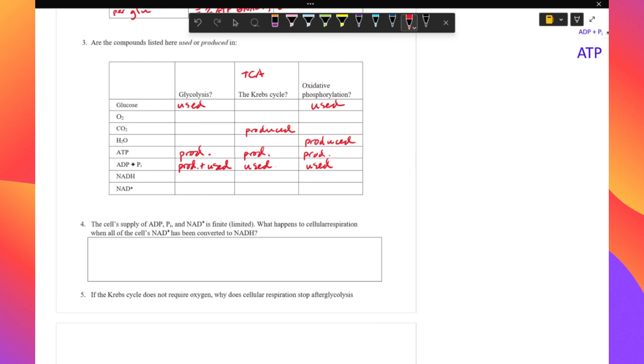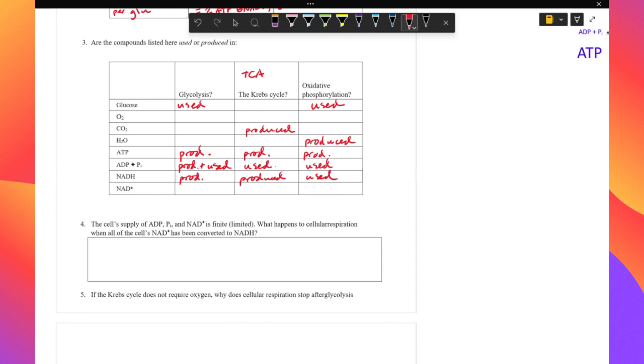So NADH has that hydrogen bound to it, and that is important here. So NADH is produced during glycolysis. It is also produced in the Krebs cycle. And then that hydrogen gets broken off and NADH is consumed, is used in oxidative phosphorylation, that last step of cellular respiration.